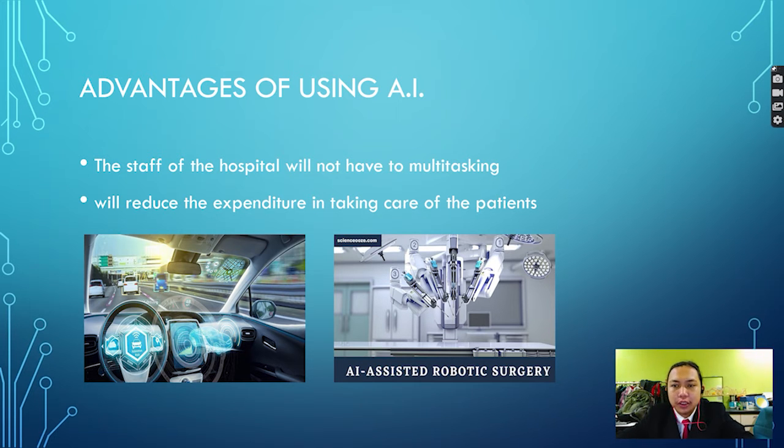The staff of the hospital will not have to multitask, as AI can take their place in certain kinds of jobs. Plus, AI technology is not that expensive, so it will reduce the cost for the hospital.